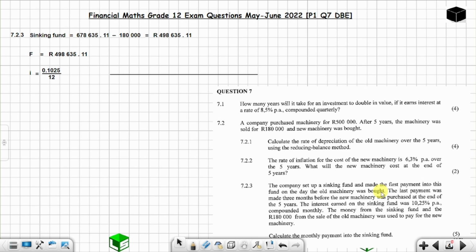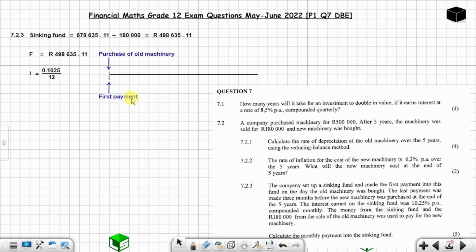So when they bought the old machinery, which cost 500,000, they started saving some amount of money so that they can use it in future to buy a new machinery. The same day the old machinery was bought, they made the first payment.